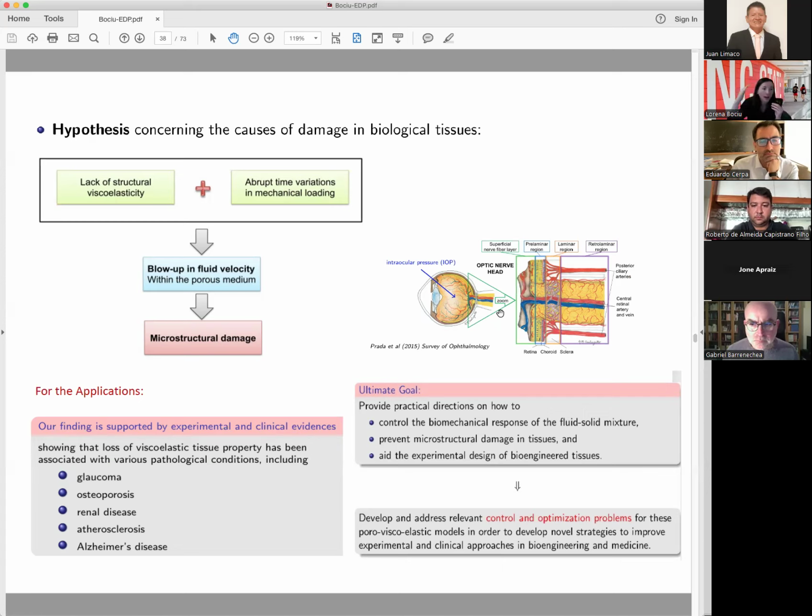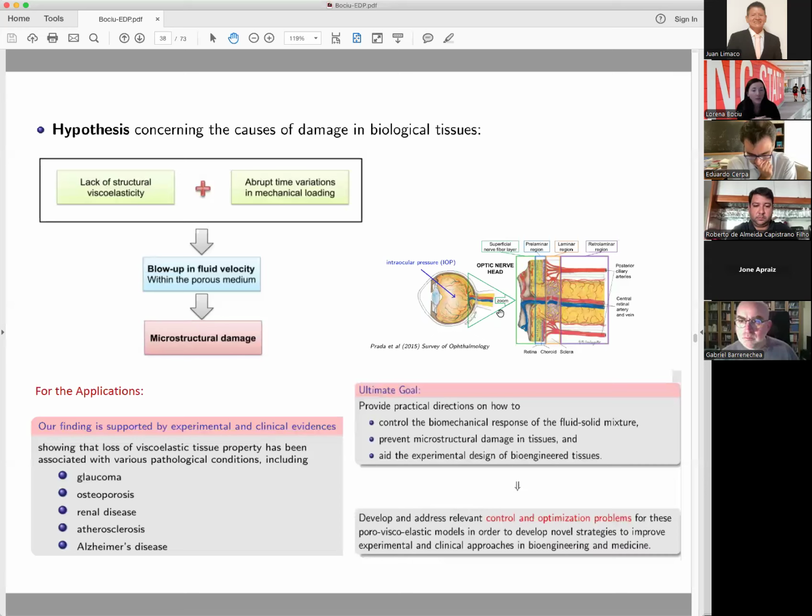Okay, so if you have sudden fluctuations in the intraocular pressure, and let's say you're in advanced age when the collagen in the tissue is no longer there, this combination leads to a blow up in fluid velocity within the porous medium, which really means you have these capillaries. That means the blood will burst through the capillary, and that creates microstructural damage.